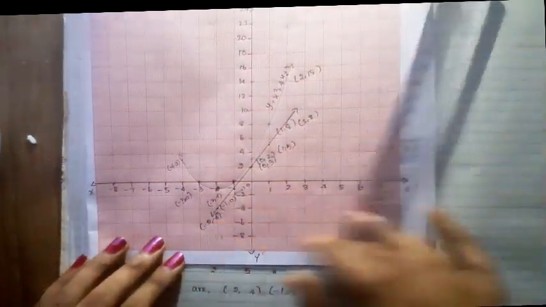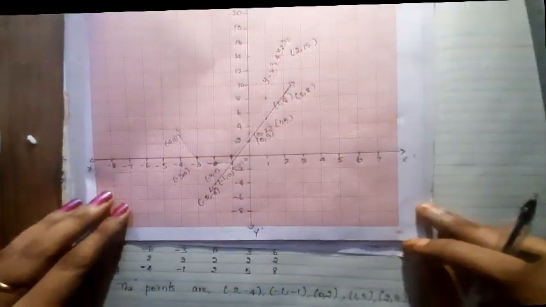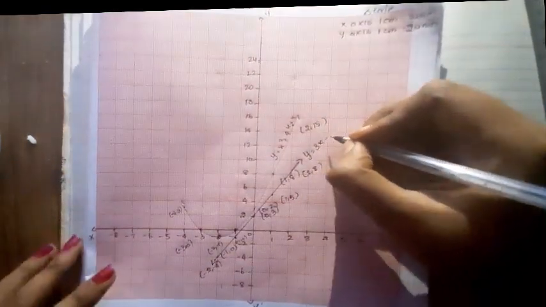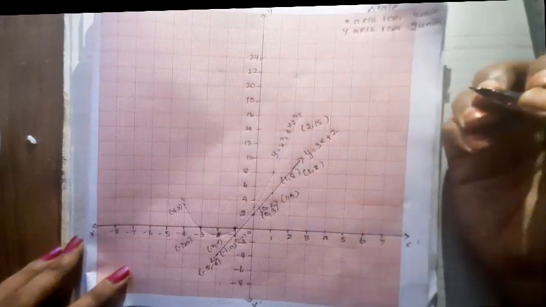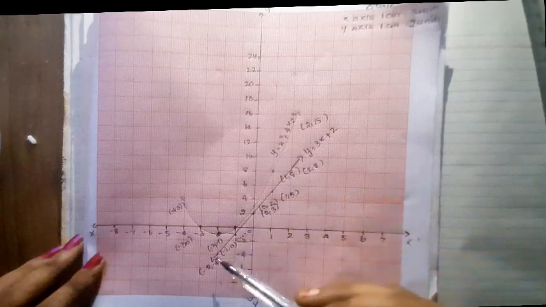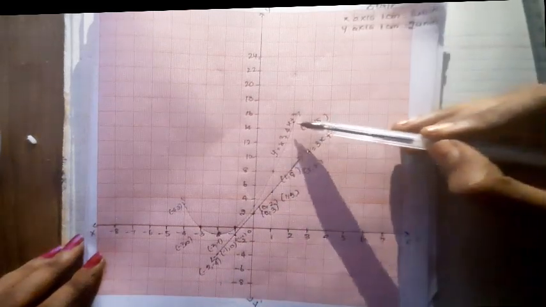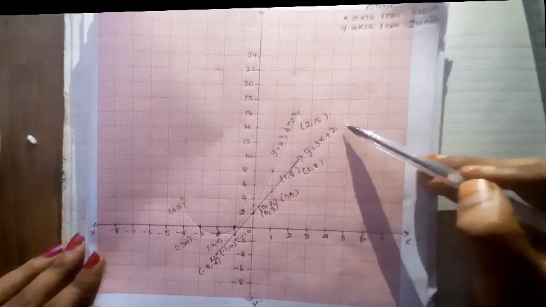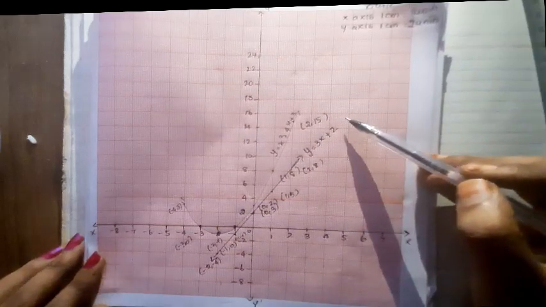Okay, it's a straight line. So this straight line we got from the equation y equal to 3x plus 2. So write the equation on this straight line, y equal to 3x plus 2. Then we have to find out the intersection of this parabola and the straight line. See, this parabola is going that way, but the straight line is going this way. There is no possibility of intersection.